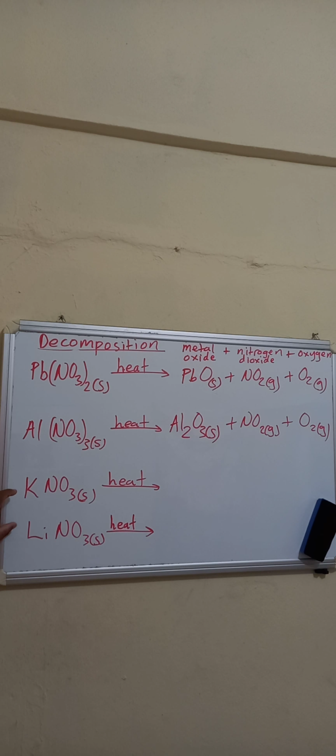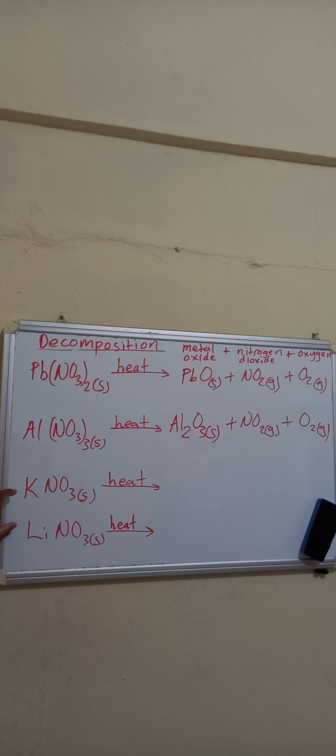Alright? Now, these two now, if you notice here, the isolated element here is a non-metal. Alright? So remember, when the isolated atom was a metal, it would displace the positive ions.